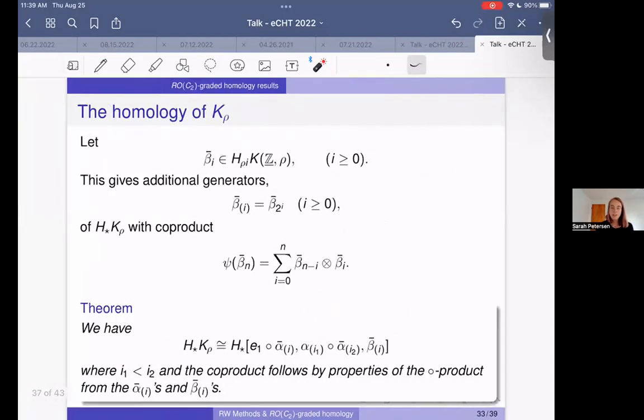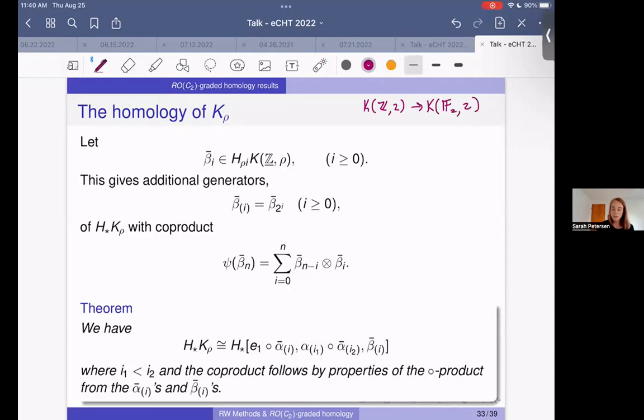And you can use those pairings to show that the homology of K rho is exterior on some generators. So non-equivariantly, we had some generators beta I, those were coming from KZ2 mapping into KF2.